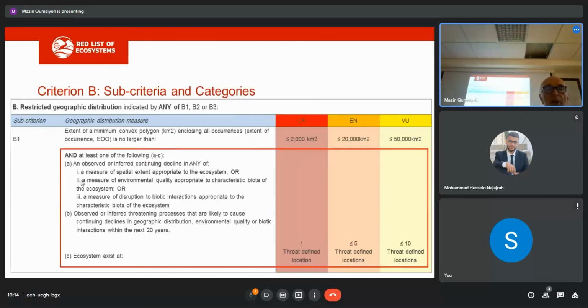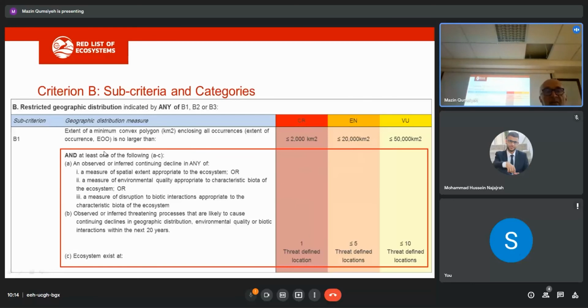Okay, and so the criteria use both of these quantitative indicators. Again, you have to try to apply any of the sub-criteria, B1, B2, or B3, exactly the same way. B1 is extent of minimum convex polygon, so EOO is not larger than 2,000 square kilometers for critically endangered, 20,000 square kilometers is endangered, and 50,000 square kilometers, it's vulnerable, okay?